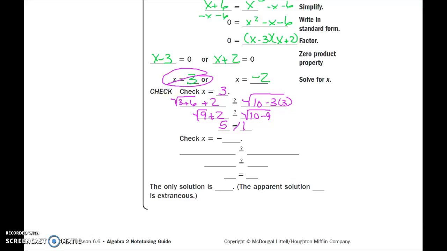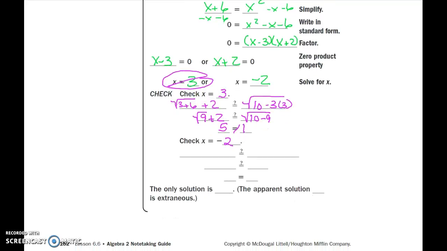Now we have to check negative 2. So once again, I'm just going to slot it into my original equation. So I've got the square root of negative 2 plus 6 plus 2 equals the square root of 10 minus 3 times negative 2, which gives me the square root of 4 plus 2 equals the square root of 10 plus 6.